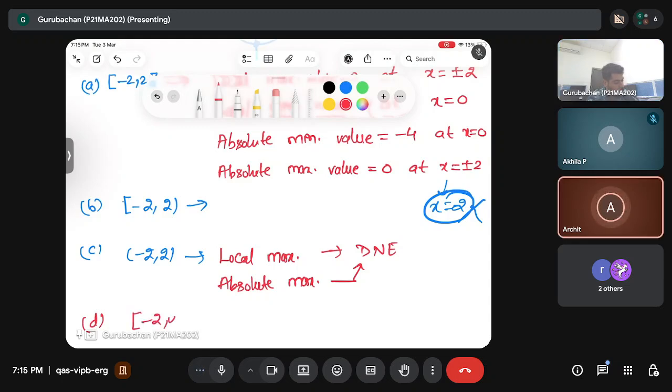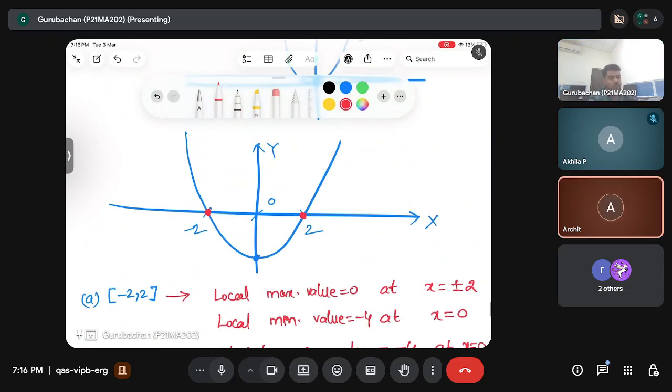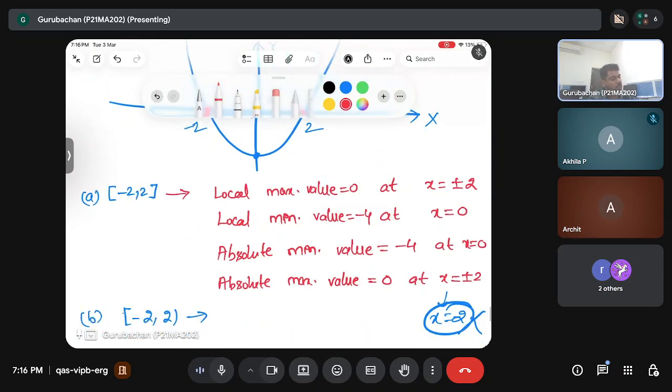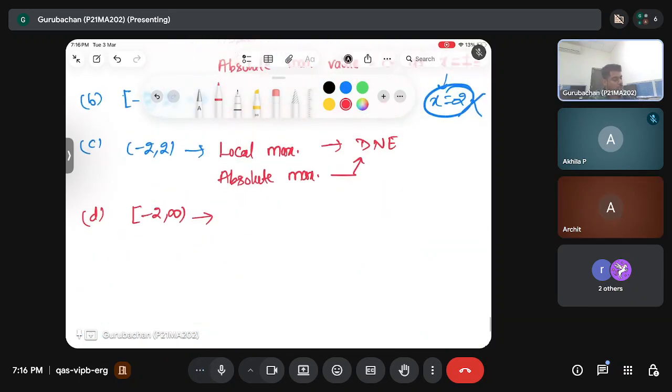Next is, sir, -2 to infinity. Then, sir, local maxima will be attained at minus 2. What will be the local minima? This will be like here, minus 4 at 0, same. But no local maxima. No, sir, there is local maxima at -2. Think about it.